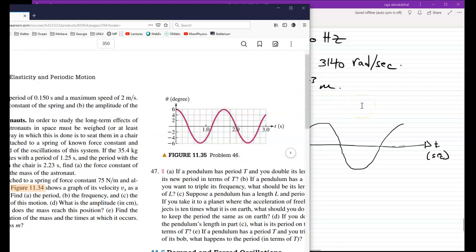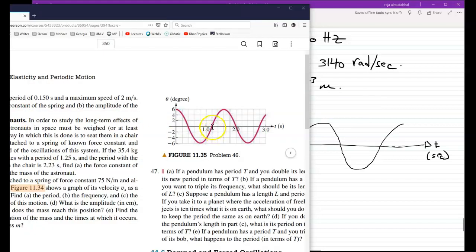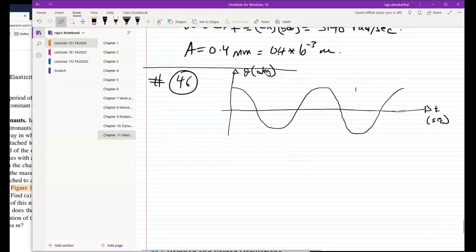Okay. So in this case, just by looking at it, the period is 1.6 seconds.